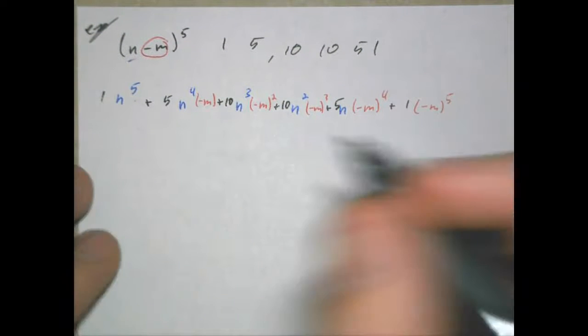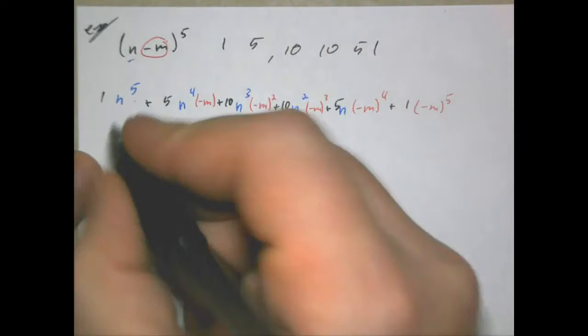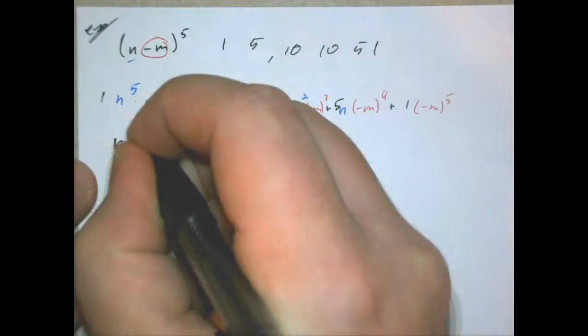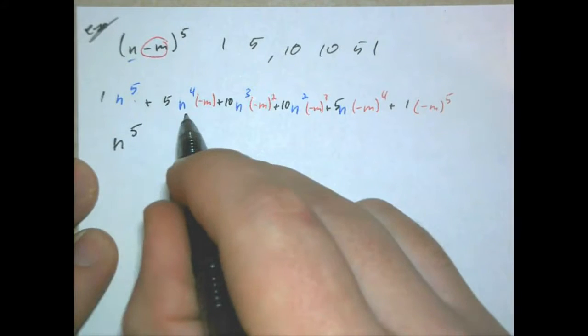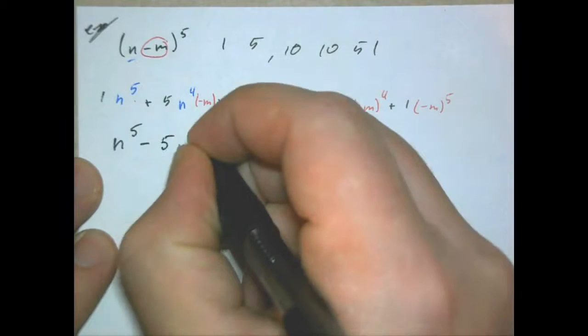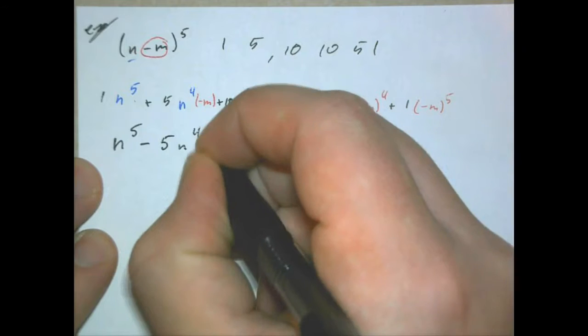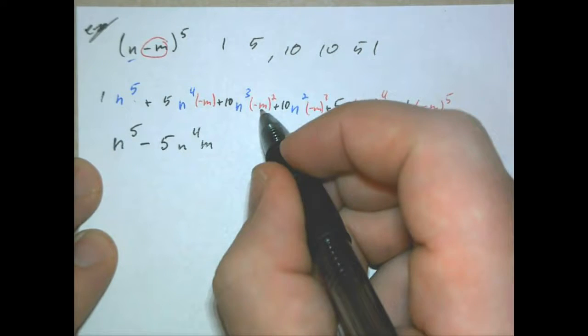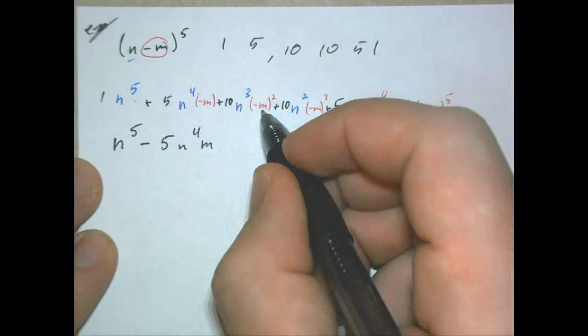So going straight down, I have 1n to the 5th, so if I multiply that, that would just be n to the 5th plus 5n to the 4th times negative m. So this is going to come out as negative 5n to the 4th m. Now if I square a negative there, that's going to come out positive m squared.